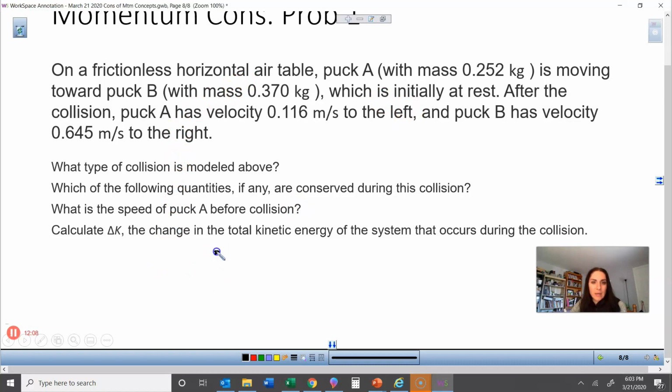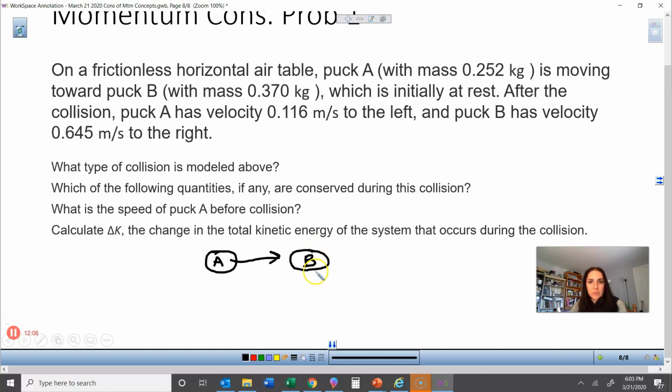So I have puck A, and it's moving toward puck B, which is initially at rest. After the collision, puck A has a velocity of that to the left. So I'm going to assume that this is going forward. So it's moving toward puck B, which is at rest.